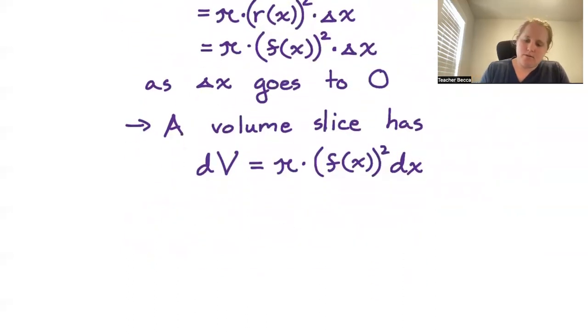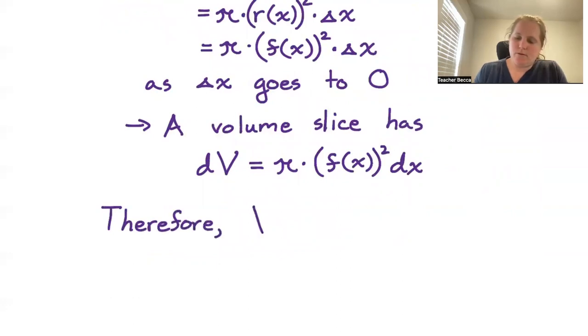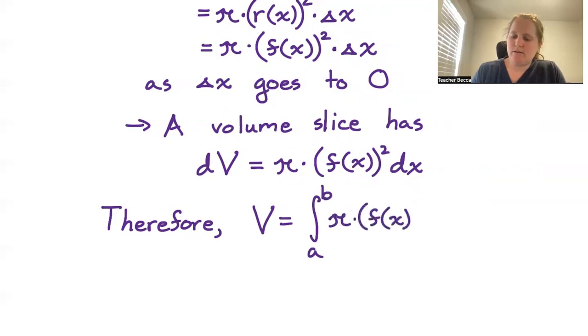And therefore, our volume is just the integral from a to b of pi times f of x squared dx.